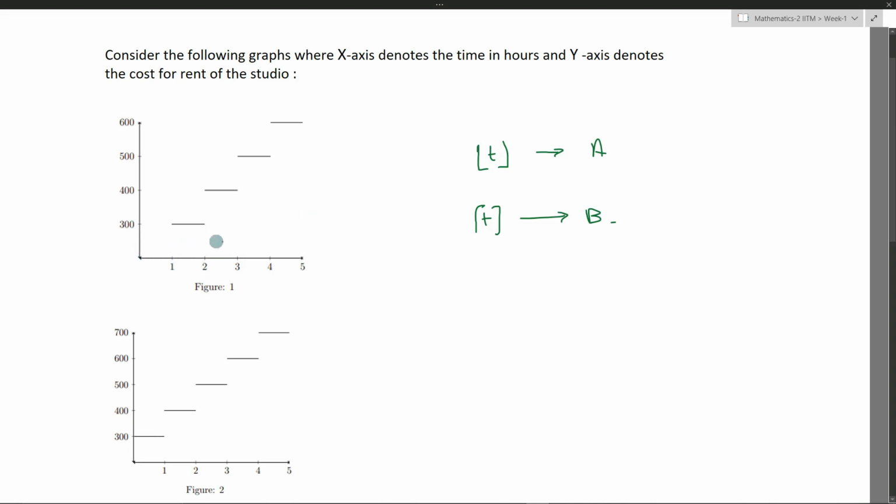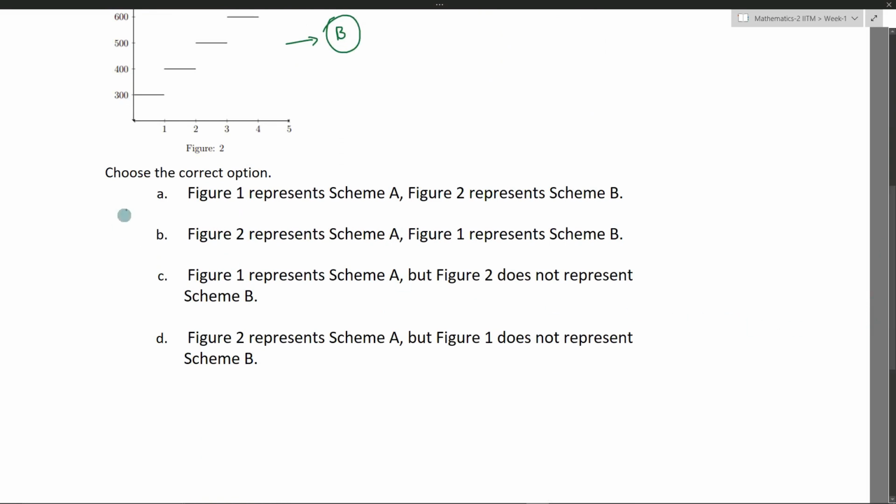Let's say you have 0.5 as the term, we'll have the value 0 here, and if I have some x here, I'll get the value somewhere here. So this is the graph for scheme A and this is the graph for scheme B. So the first option is the right one.